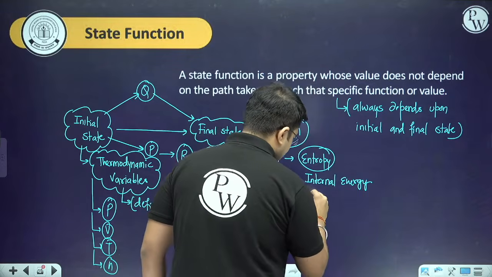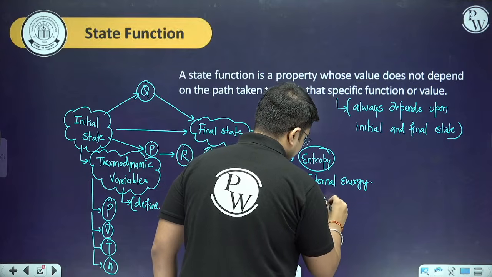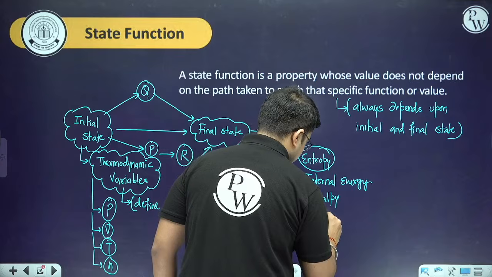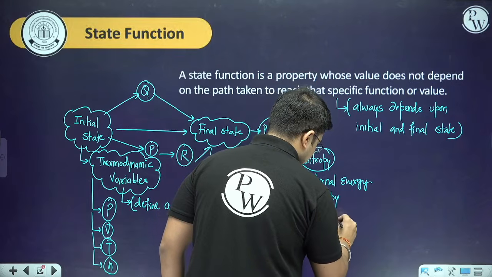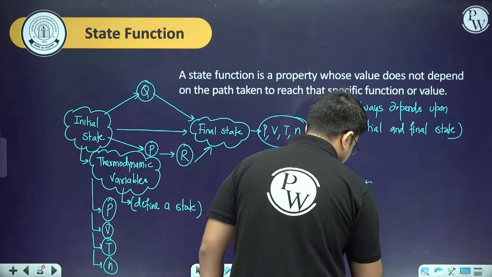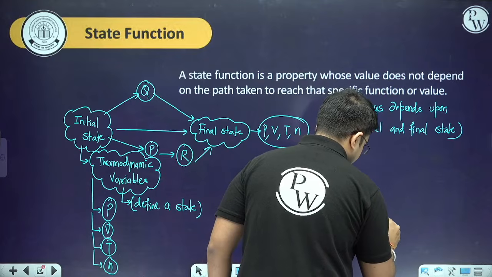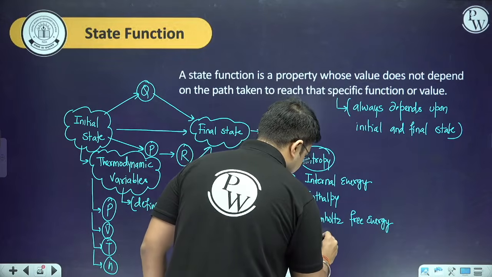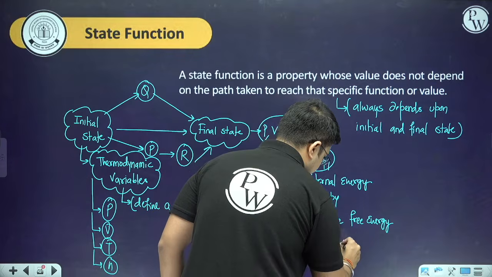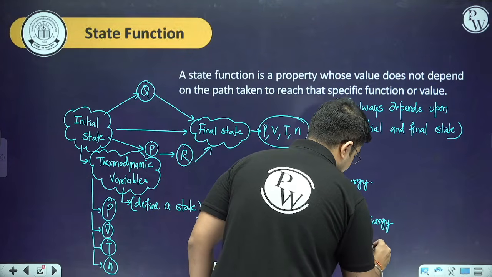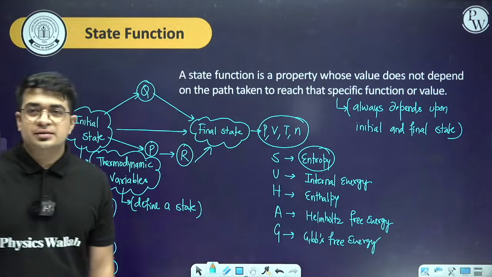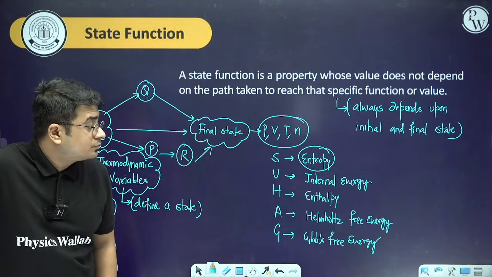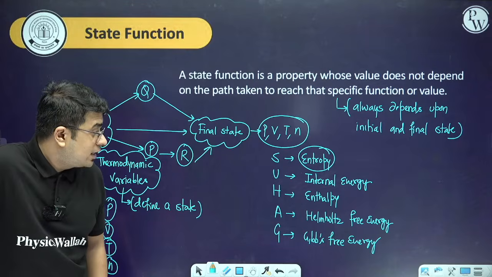Then we have H, which is known as enthalpy. Then we have A, which is known as Helmholtz free energy, and the last part, which is G, known as Gibbs free energy.